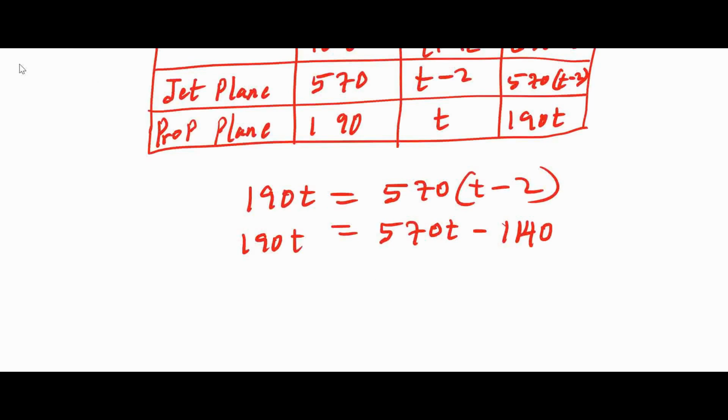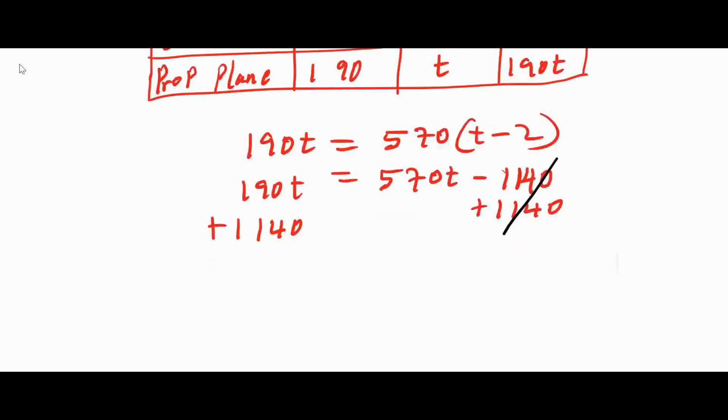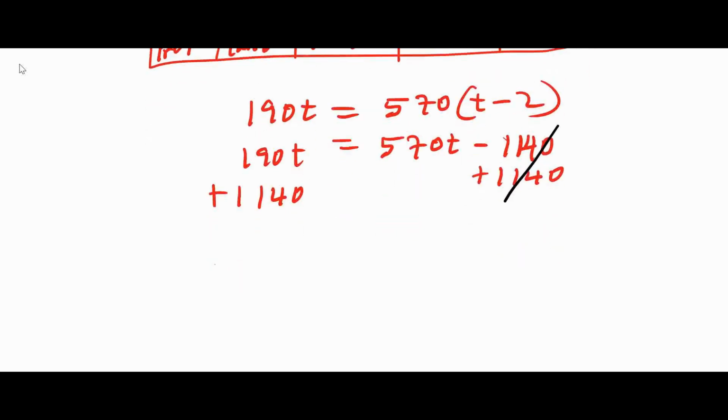So now we can simply add 1,140 to both sides. 1,140, and this would cancel. So we now have 190 t plus 1,140 equals to 570 t.